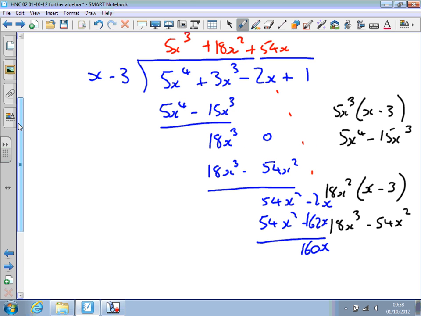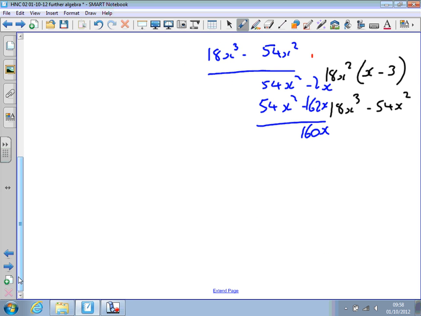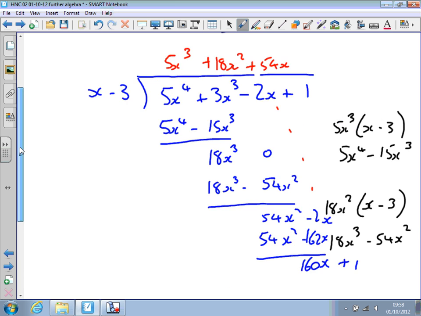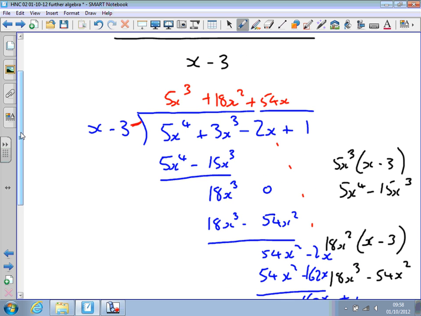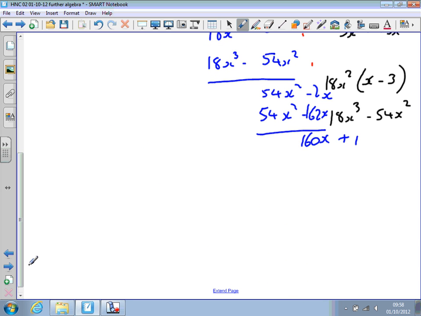54 times minus 3 gives me that. Bring down the 1. I think there's a 1 at the end, wasn't there? Plus 1. And then what do I times x by to get 160x? 160. So 160 on top. And then now I've got a little more mental jiggery to do.